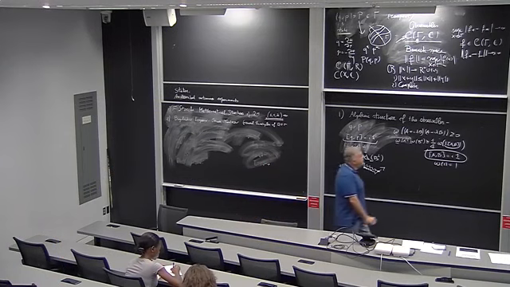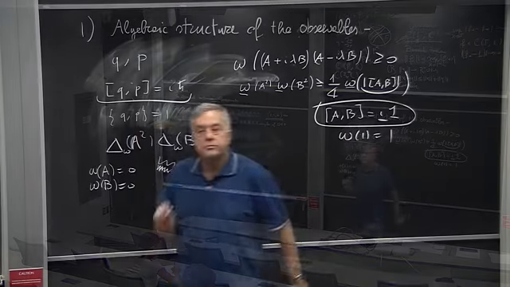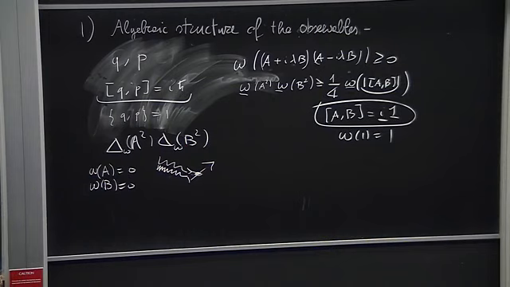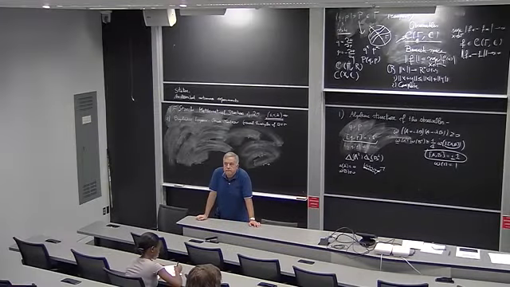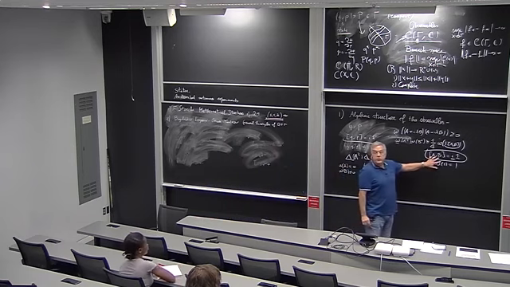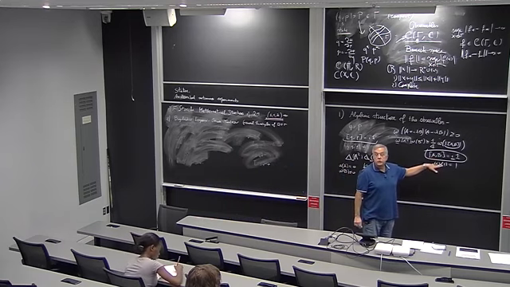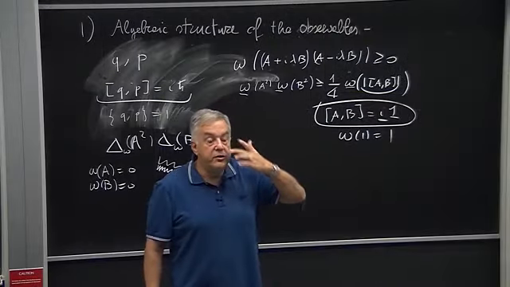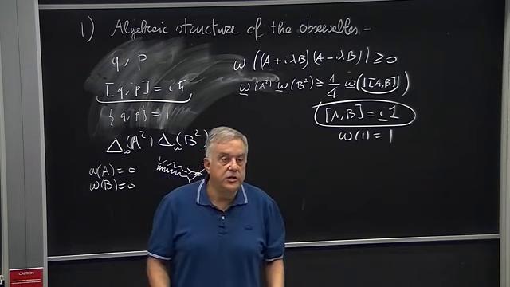Do you know why there is this i here? A and B are self-adjoint. The commutator of two self-adjoint operators is anti-Hermitian.